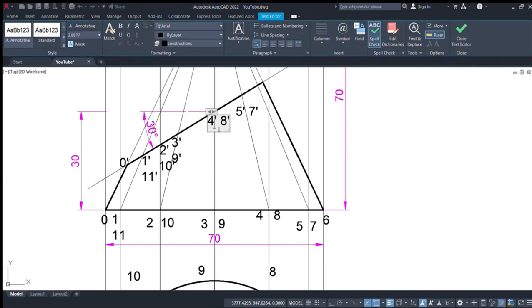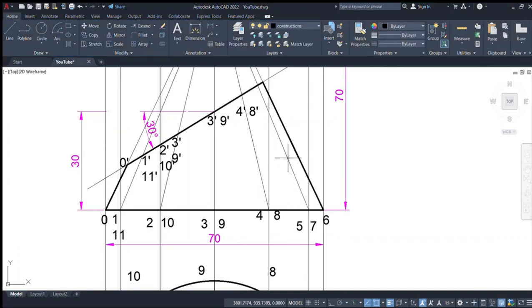This one is 3 dash, 9 dash, and then from here, that's 4, 8, and then this is 5, 7 up to that point.